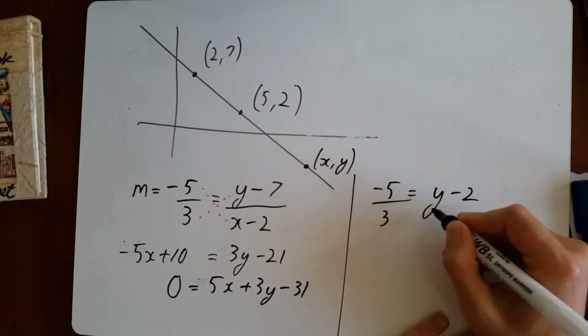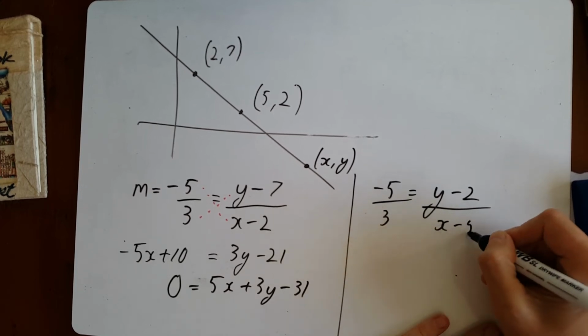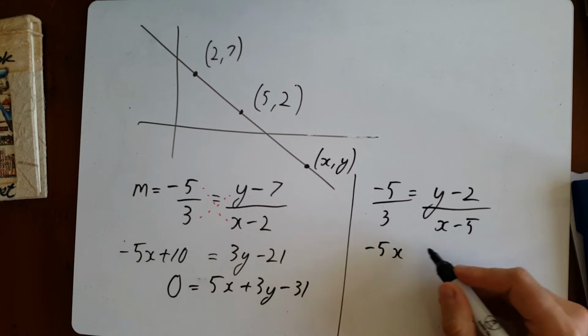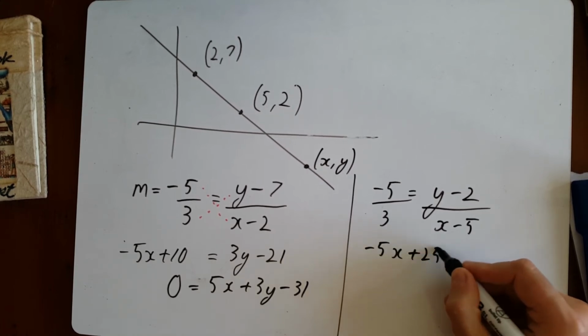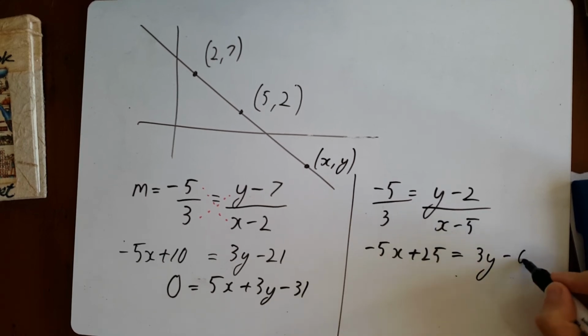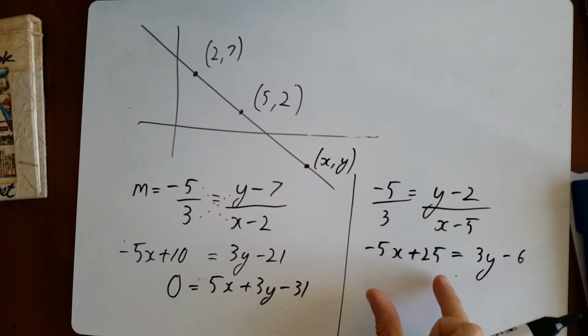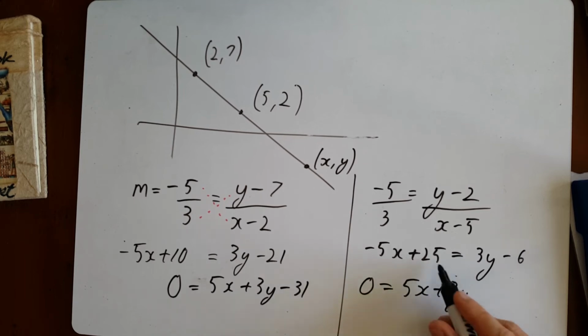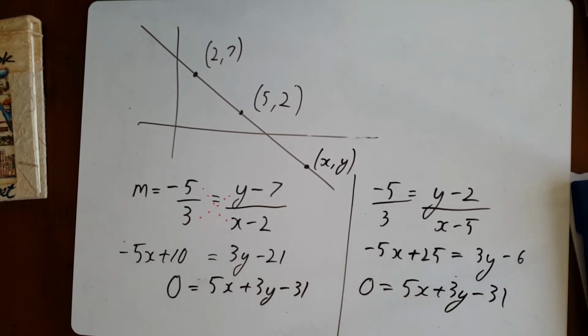Y minus 2 over x minus 5. Cross multiplying, I'm going to get minus 5x plus 25 is equal to 3y minus 6. Again, gathering everything onto one side, 0 equals 5x plus 3y, again minus 31.